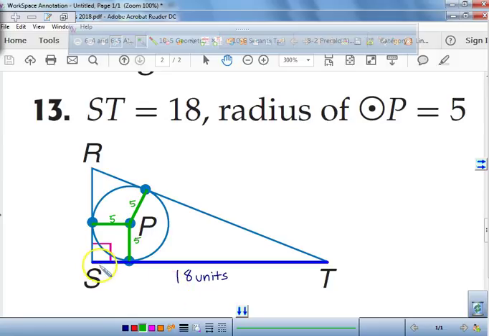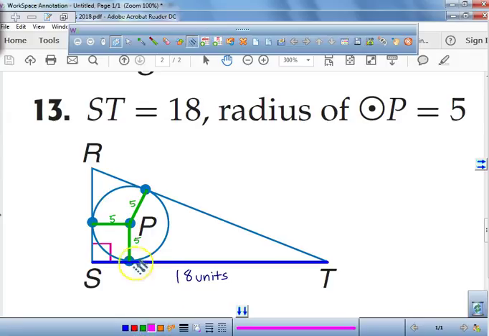18 minus 5 would be 13. So what you're doing right now, because this distance right here has to be a 5, and this distance right here also has to be a 5, then you're saying that the distance from here to here, that distance right there, is actually going to be how long? 13.